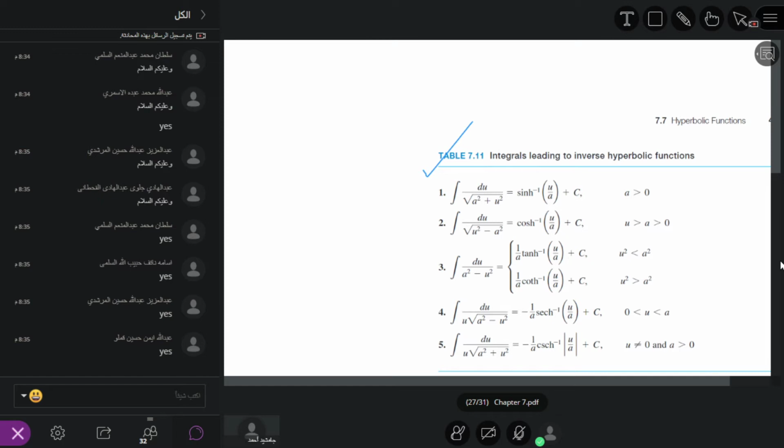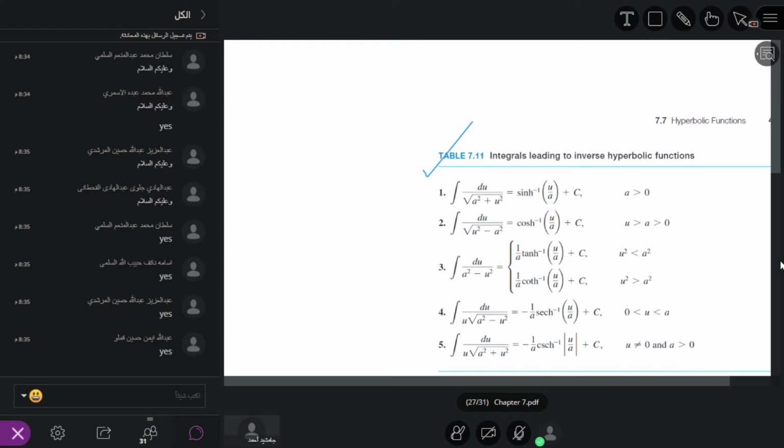First we discussed the hyperbolic functions: sine hyperbolic x is equal to e power x minus e power minus x divided by 2, and cosine hyperbolic x is e power x plus e power minus x divided by 2. From these two, we got tan hyperbolic x, cotan hyperbolic x, sec hyperbolic x and cosec hyperbolic x.